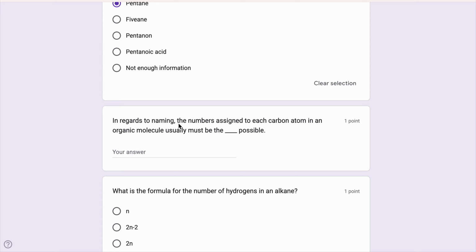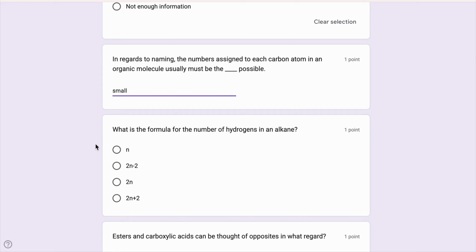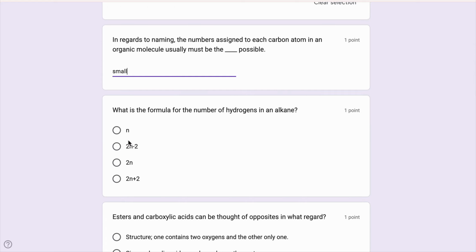In regards to naming, the numbers assigned to each carbon atom in an organic molecule must be the lowest possible. The smallest number should be given to the functional group or any group attached to the main parent chain of the carbon.